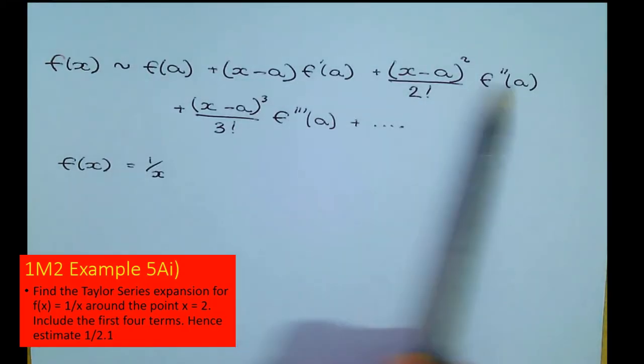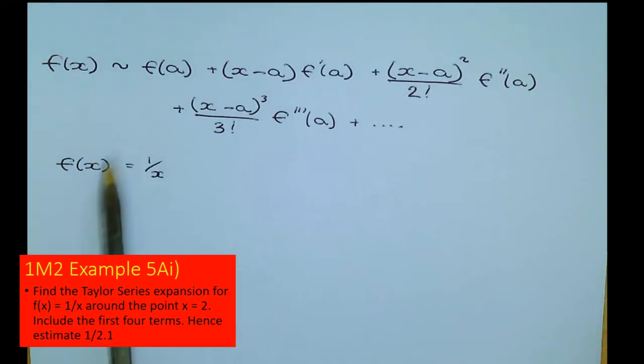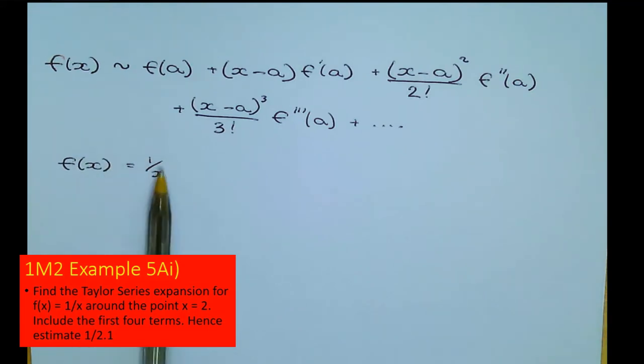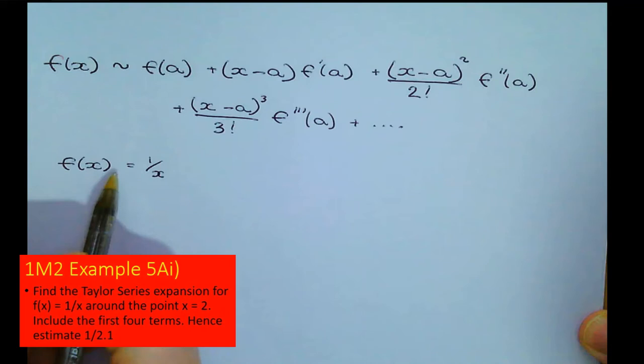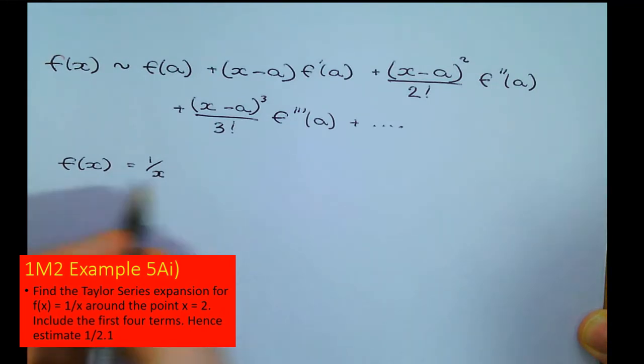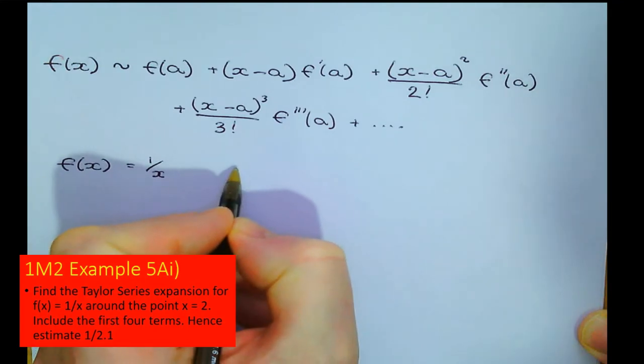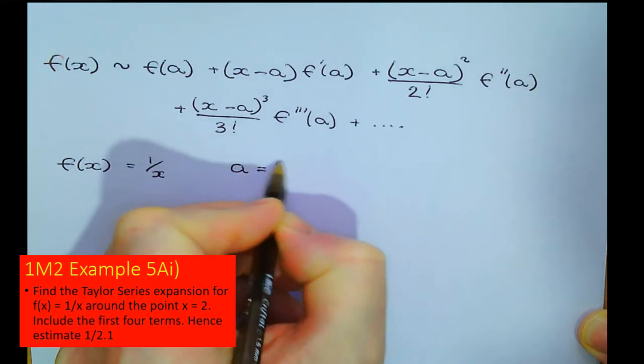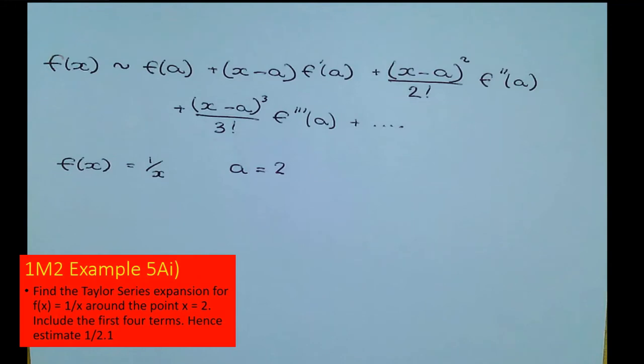Here is our Taylor series formula. We have the function here, f of x is 1 over x, and we're being asked to expand around x equals 2. Therefore, that's our value of a. We'll work with a is equal to 2. We'll evaluate the function when x is equal to 2.